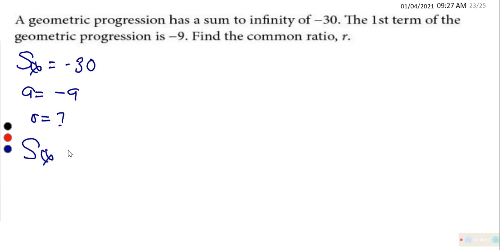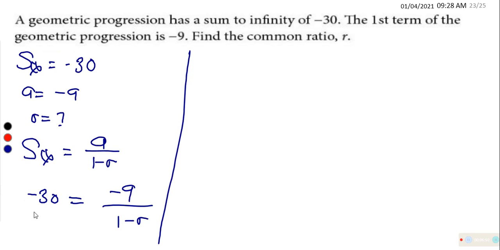So from the formula of sum to infinity, which is a over 1 minus r, we can find r. So we substitute what we have into the formula. We have minus 30 equals minus 9 over 1 minus r. Okay, so we can cross multiply here to have minus 30 into 1 minus r equals minus 9.